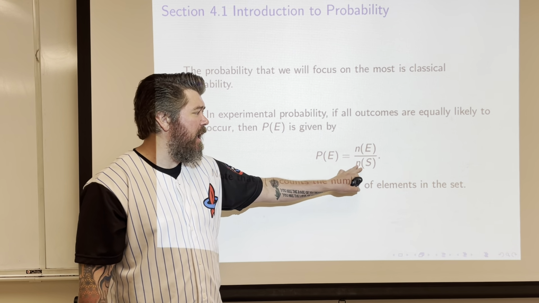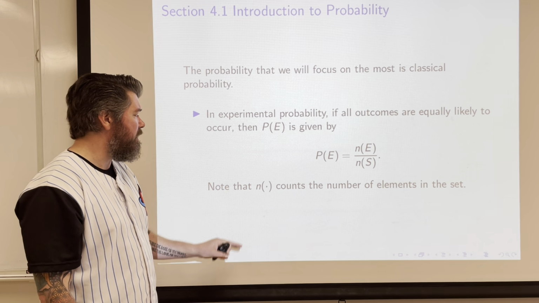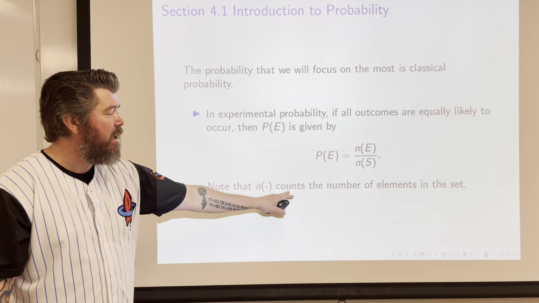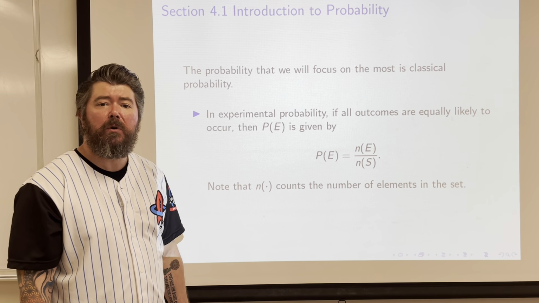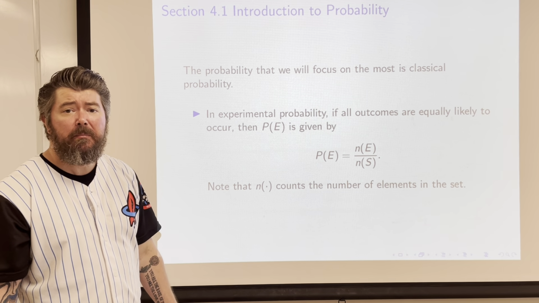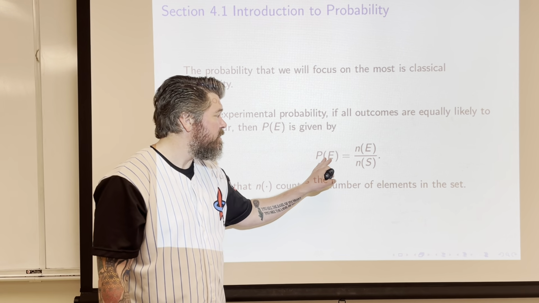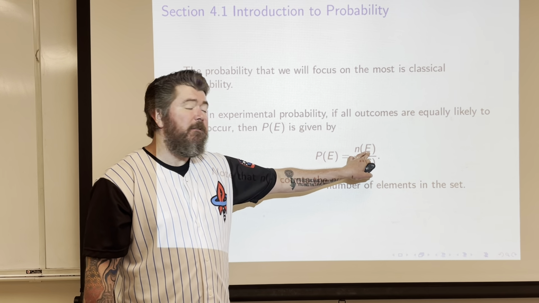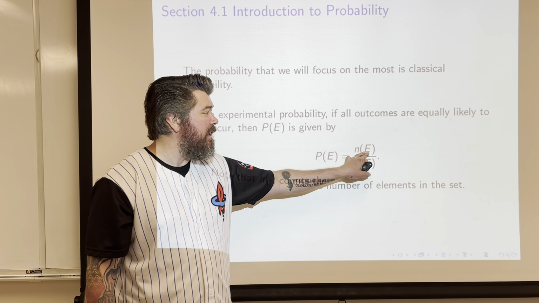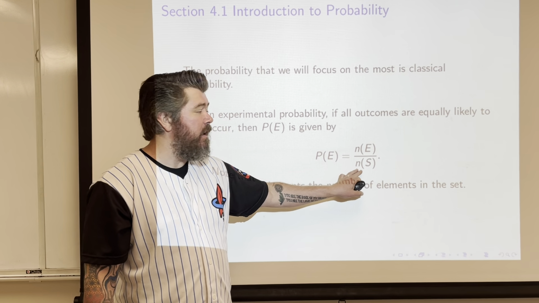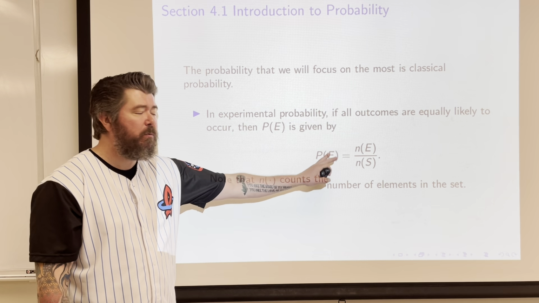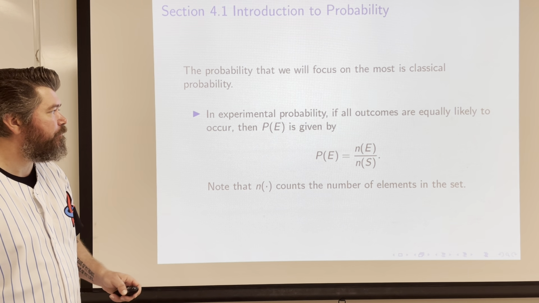Now we have this N of E and N of S. So note that N of something counts the number of elements. So really we're just doing a count. Probability is just counting. So the probability that E occurs is the number of outcomes in the event E divided by the total number of outcomes in our sample space. That's what these letters represent.